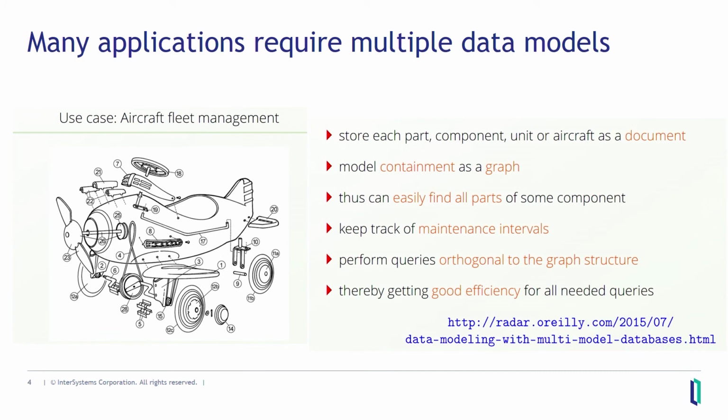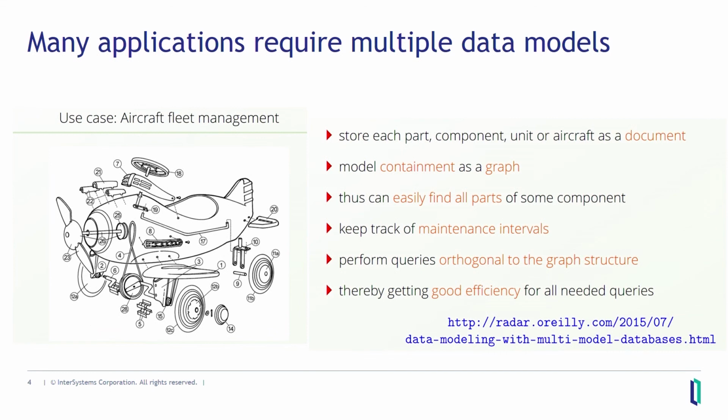This is a classic example out of the O'Reilly book on database architecture and multi-model modeling. Parts and the containment of parts within subsystems in an aircraft, in this case, lend themselves very well to a graph model because there are different attributes for each kind of part, and therefore doesn't fit as well in a straight relational table as you might like.